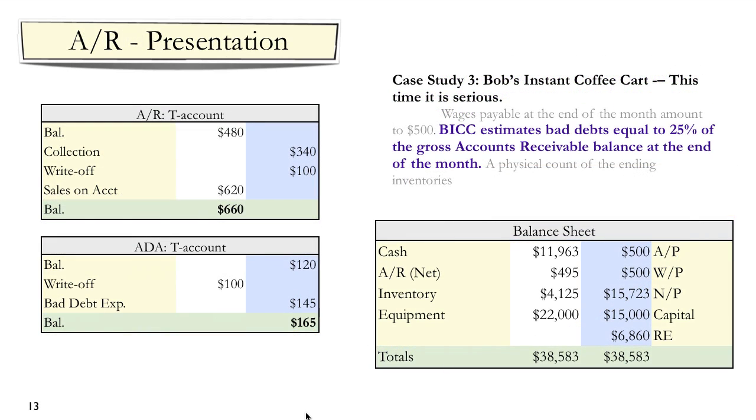And of course, on the balance sheet, we'll see accounts receivable presented as gross accounts receivable of $660, a credit of $165 in the allowance for doubtful accounts, and therefore a net accounts receivable of $495.